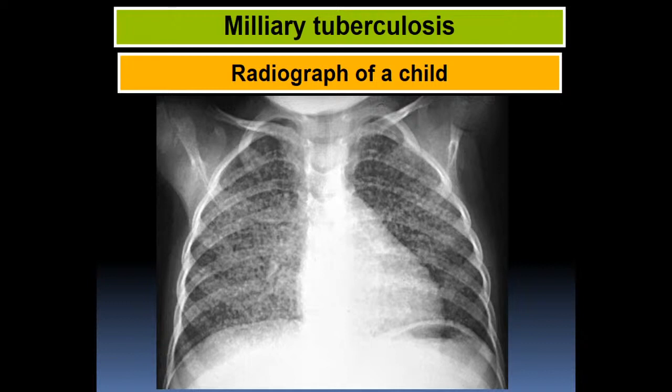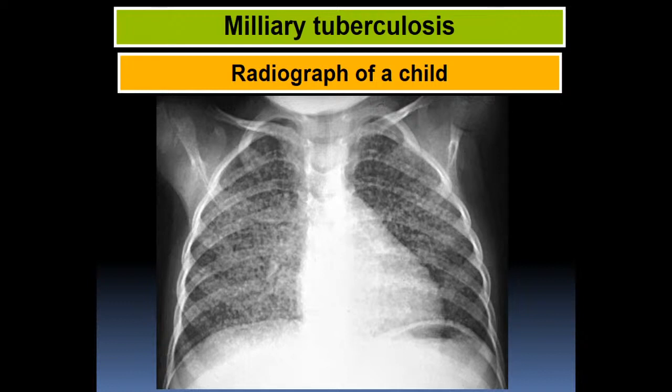Sizes of focal shadows in this form are from 1 to 3 millimeters, not more than 3 millimeters, usually up to 2 millimeters. That's why the focal shadows are the same in size and the same in density.